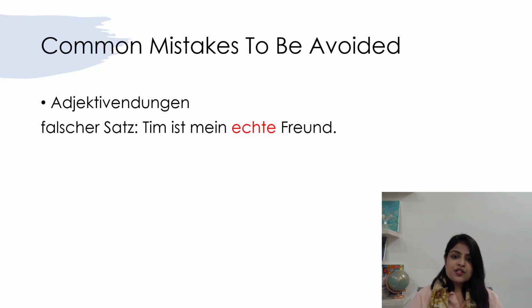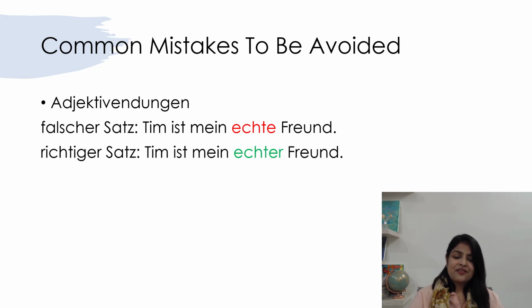So, zum Beispiel, der Satz ist, Tim ist mein echter Freund. Na? Aber wie heißt der richtige Satz? Der richtige Satz heißt, Tim ist mein echter Freund. Na, because it's masculine, so echter. And then mein is possessive. So in possessive articles, we always write the adjective ending er with masculine nominative.